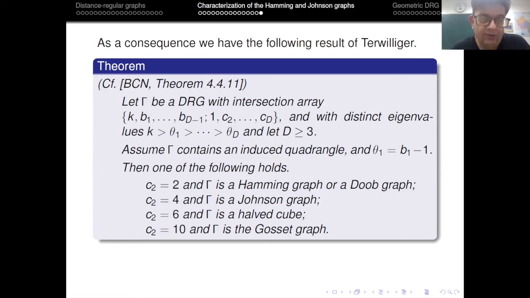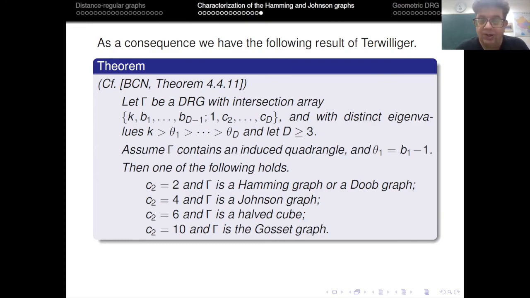He showed this theorem. It shows that if you have an induced quadrangle and θ1 is equal to b1 minus 1, you have only one of the following graphs. Yes, that is quite amazing.